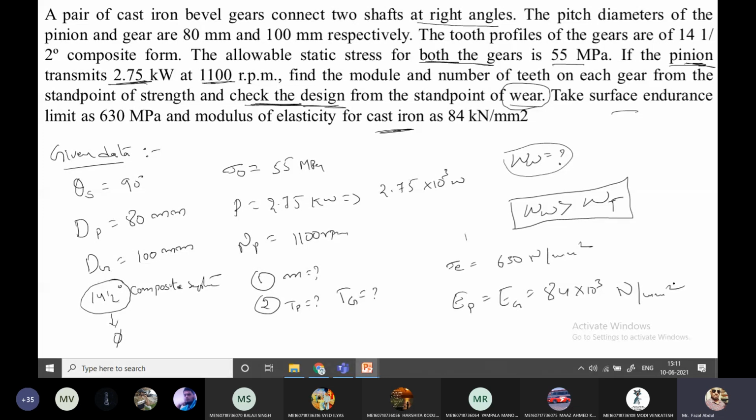I think you now have total clarity about the procedure: how to calculate the module, how to get the other parameters, and how to compare and conclude whether the design is safe or not.